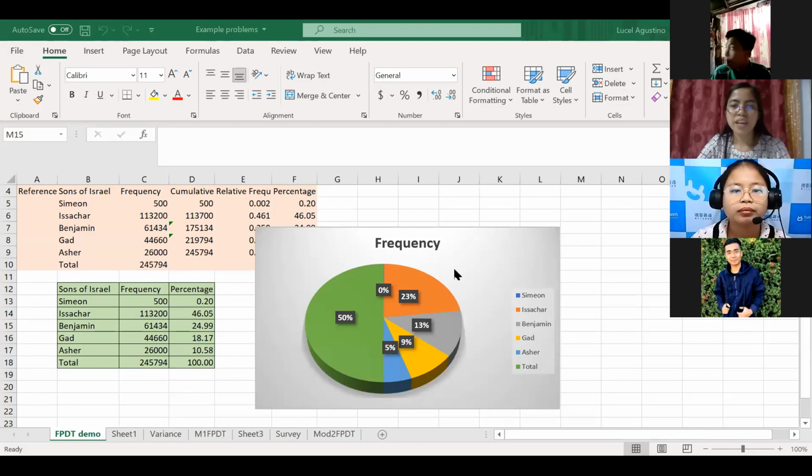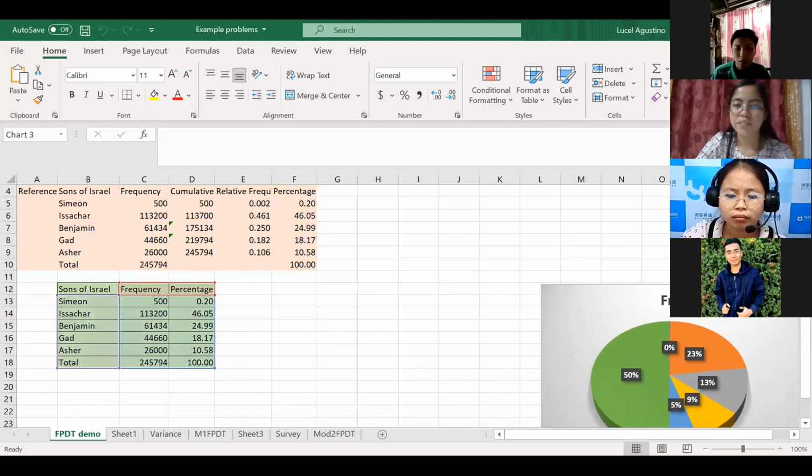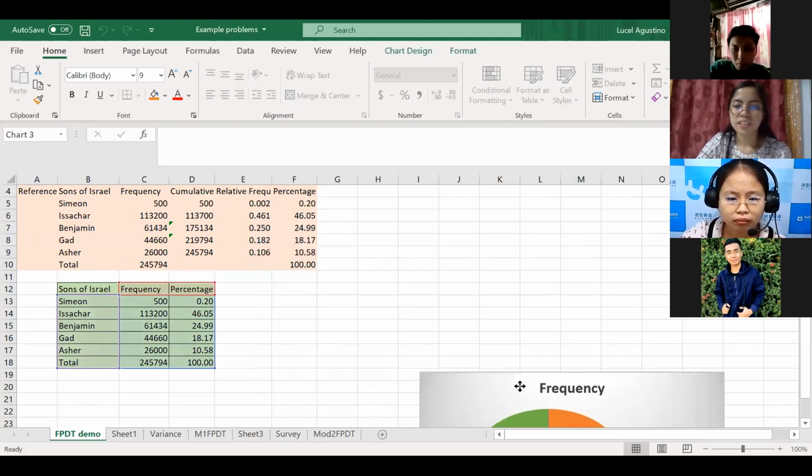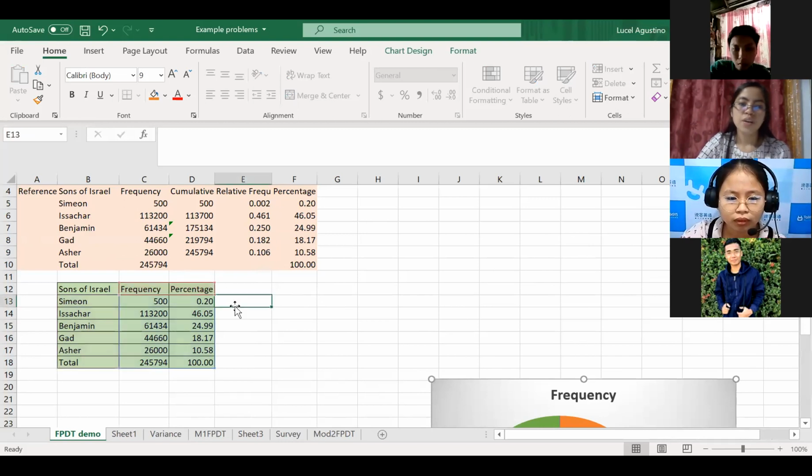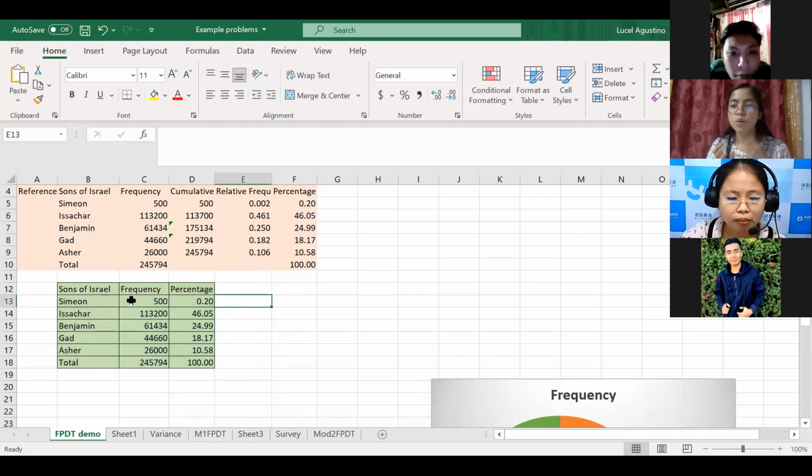Okay. Can you see the Excel file? Yes, ma'am. Okay, thank you so much. So for example, amo ni siya ang sons of Israel. Okay, so for example, you have here, you have to compute in the module 2 exercise, or exercise 2 rather.